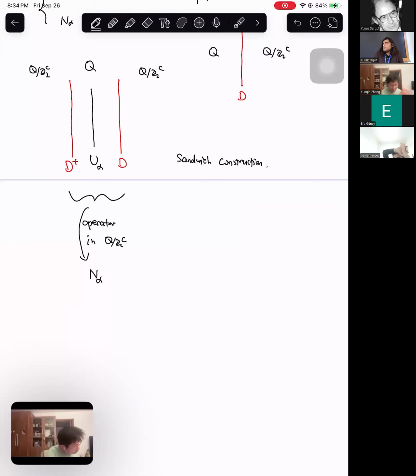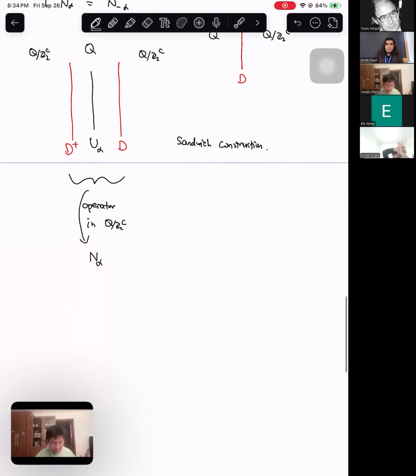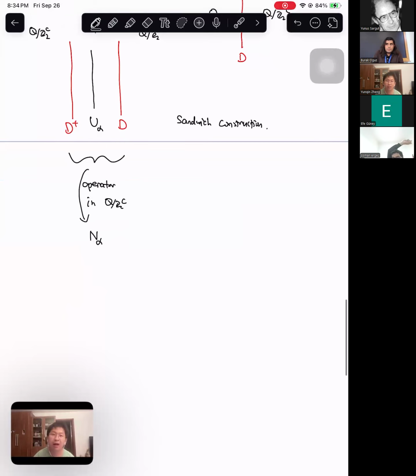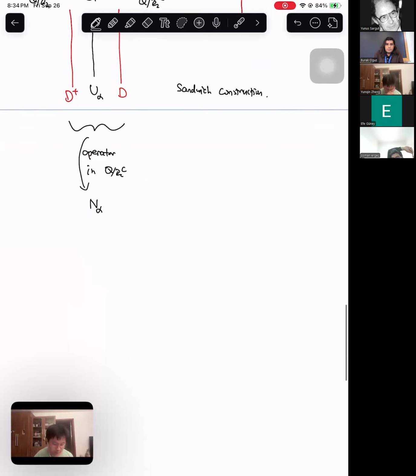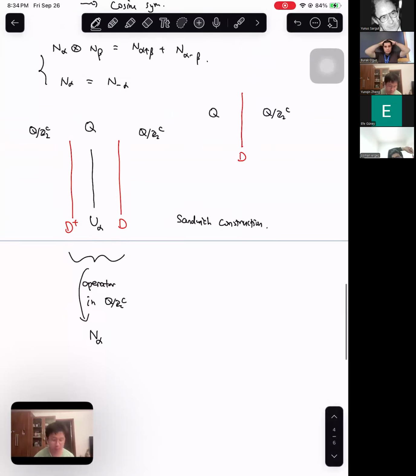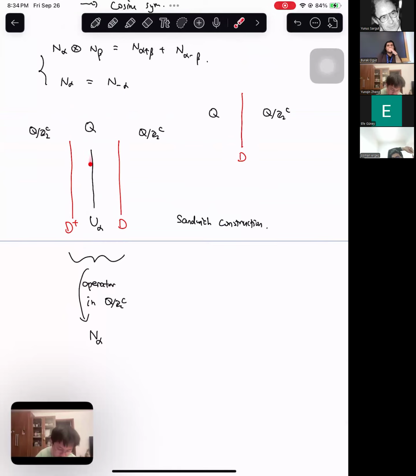Okay. And on the other hand, let's ask where the currents are. You know that before gauging, it's just an ordinary U1 symmetry, so there should be a current associated with this U1 symmetry. Then we can use this sandwich construction to see what this current becomes after gauging.